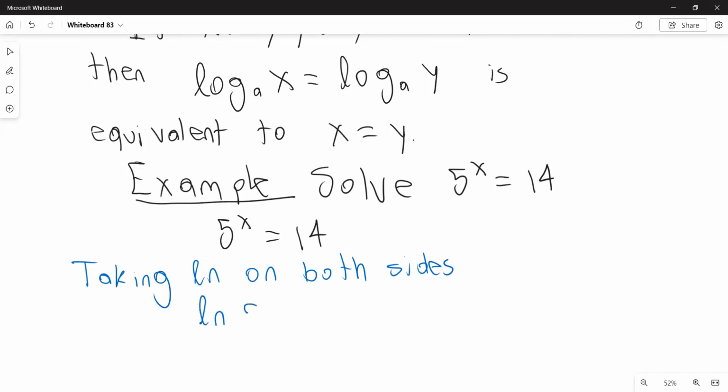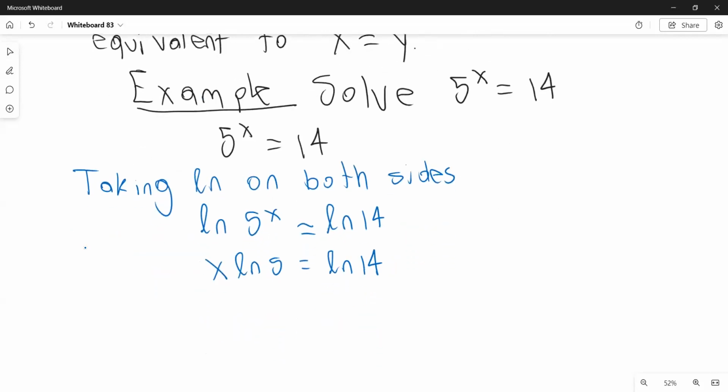So by the one-to-one property, the natural logarithm of 5 to the x equals the natural logarithm of 14. And the properties of logarithms allow me to bring down that x. The natural logarithm of 5 is a constant. So x is the natural logarithm of 14 over the natural logarithm of 5. Let's evaluate.